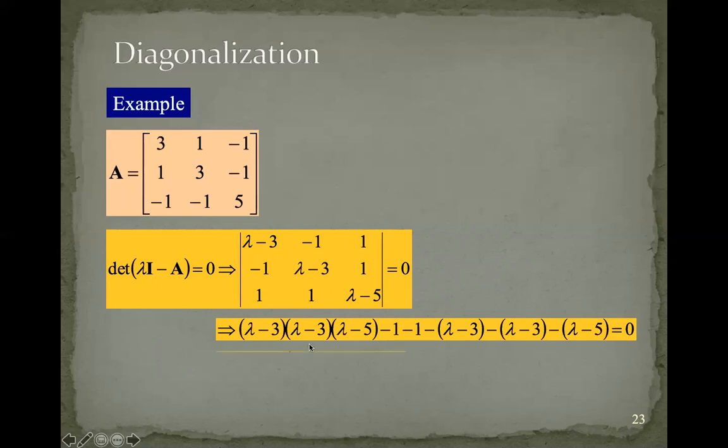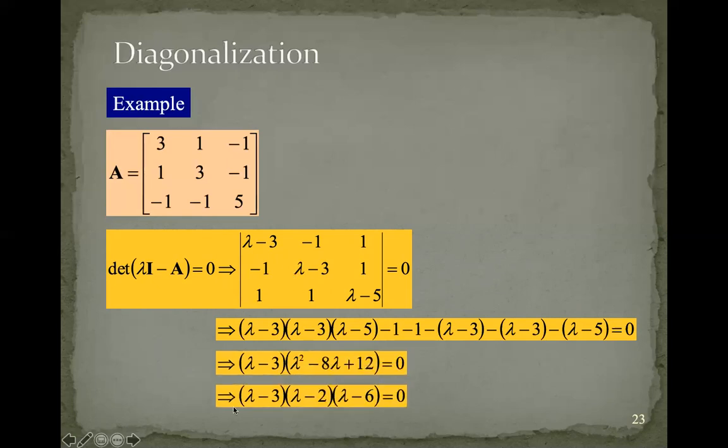Okay, so after all of the procedures, we find the 3 factors of lambda. Lambda equals either 3, 2, or 6. So with the 3 by 3 square matrix, we should be able to find 3 unique eigenvalues.